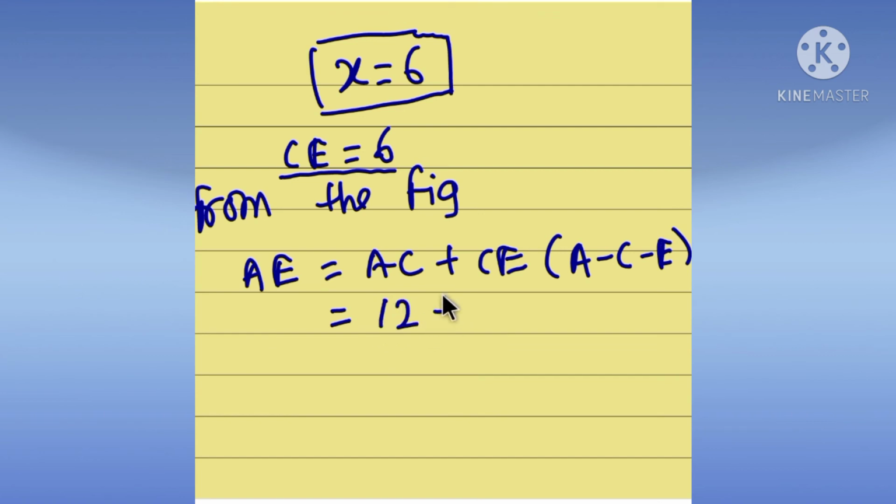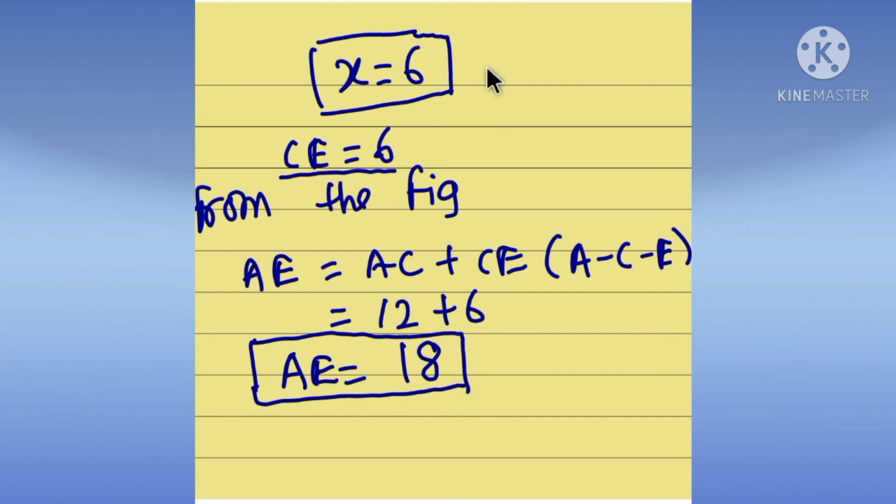So 12 plus 6 equal to 18. AE equal to 18. In this way, we find the value of x and the length of AE also.